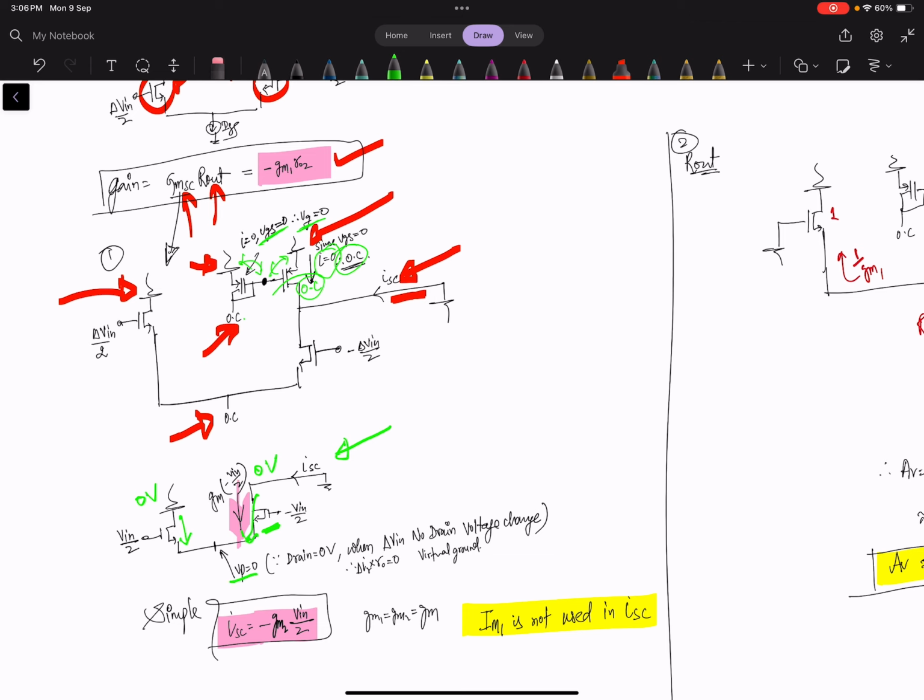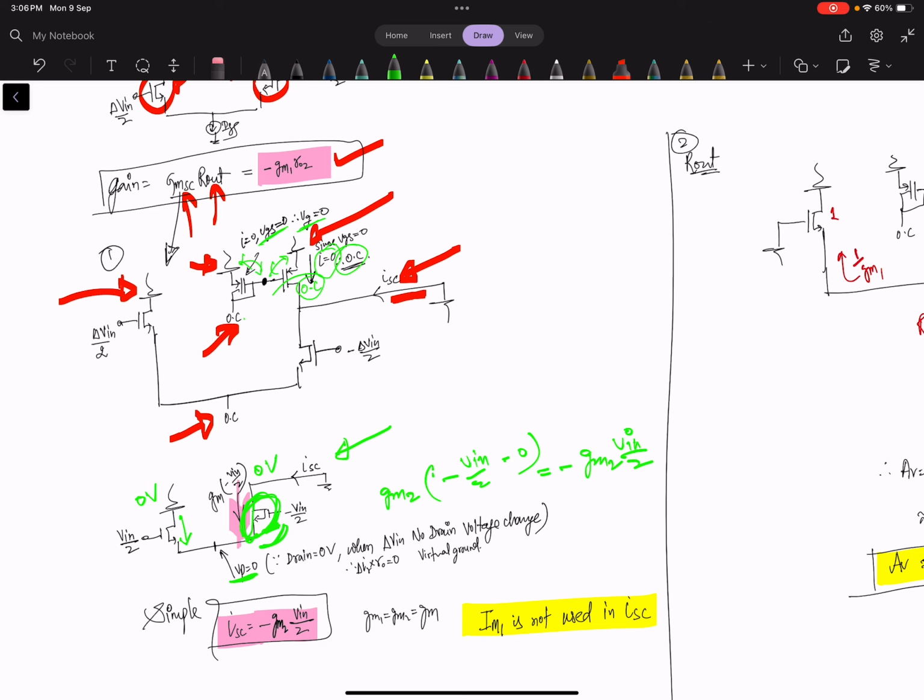Therefore this potential will be 0. Once this potential is 0, this means that the current from this M2 is Gm2 times (minus Vin by 2 minus 0), so that comes to minus Gm2 Vin by 2.